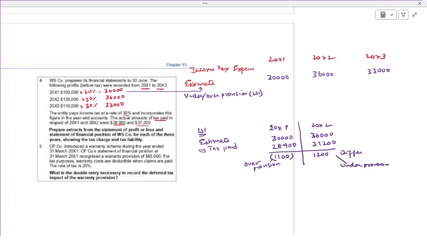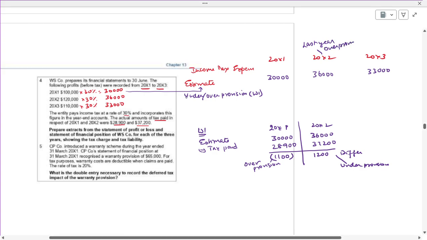Last year they have made an over provision. For 2002, this is last year's over provision. 2001 is over; after paying 2001, there is nothing. We are not going to do anything here.